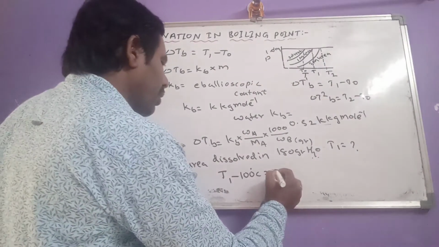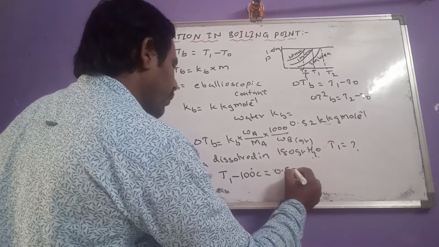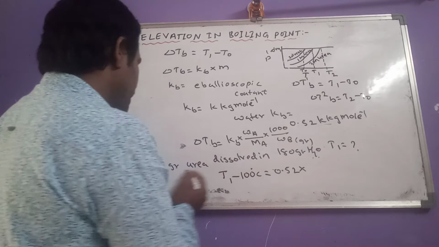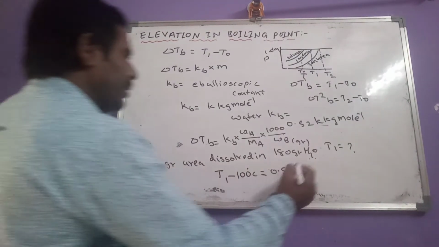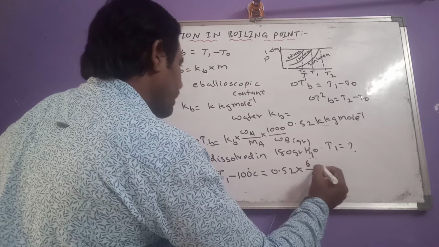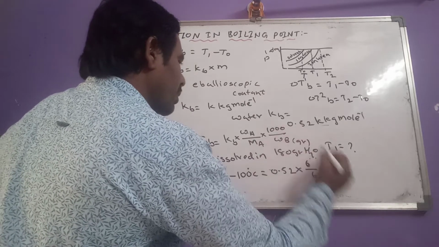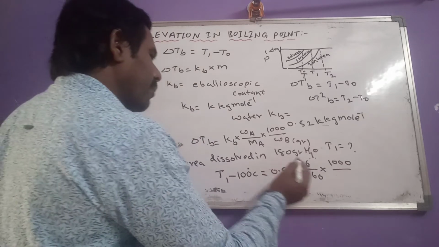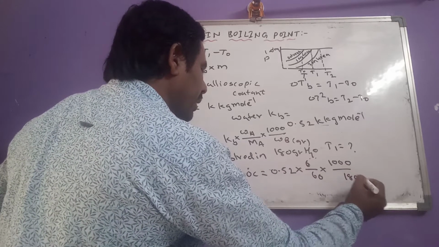Now Kb value 0.52 into weight of solute, how much have we been given here? 6. 6 by molecular weight of urea, 60, into 1000 by weight of solvent, how many grams have we been given here? 180 grams.